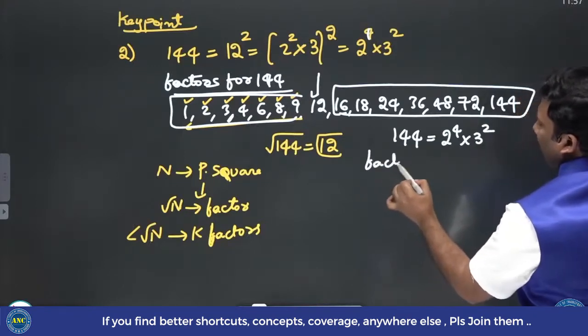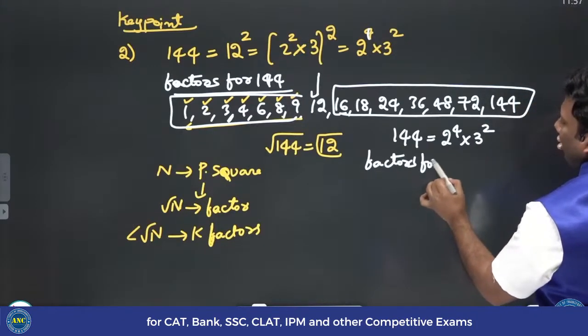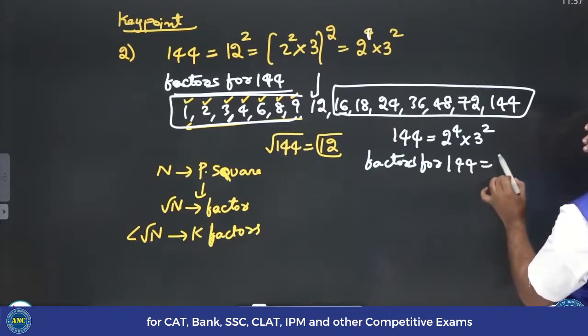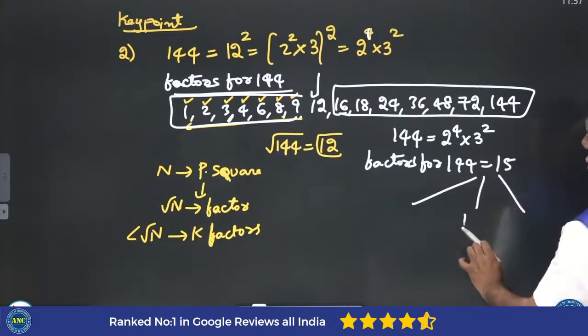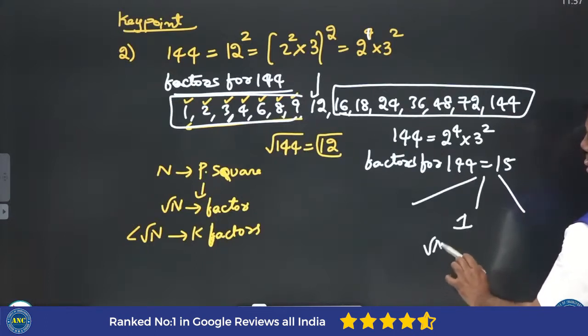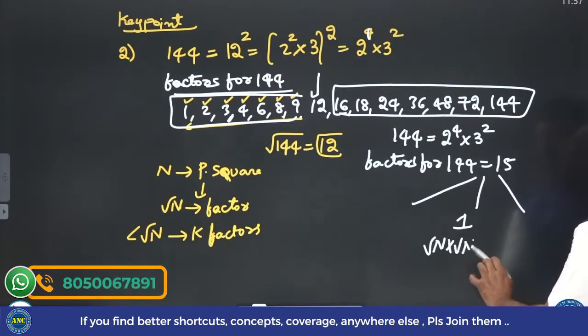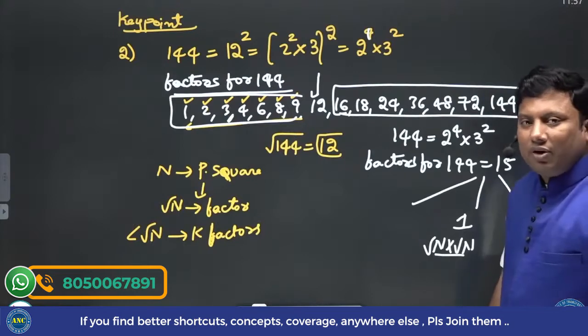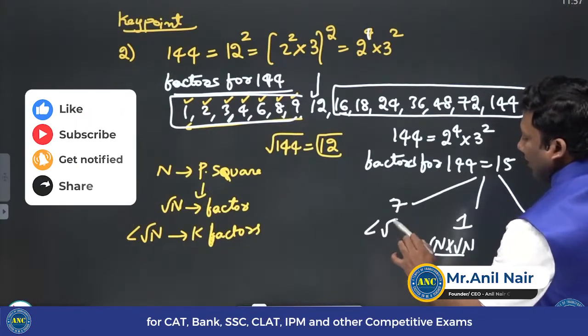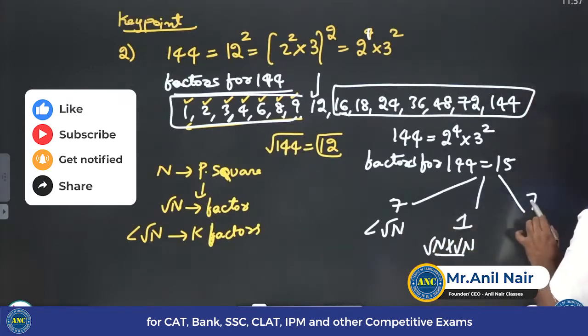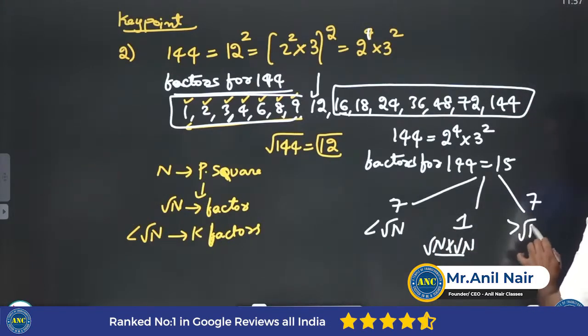Factors for 144: 5 into 3, 15. There is one case, root n into root n, root 144 into root 144. The other 14 cases: 7 factors less than root n and 7 factors greater than root n.